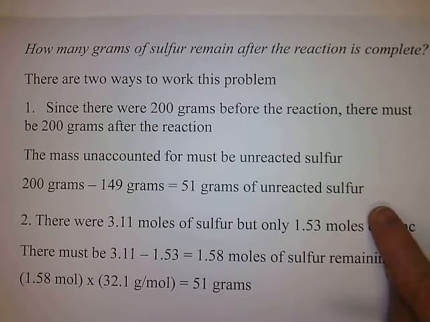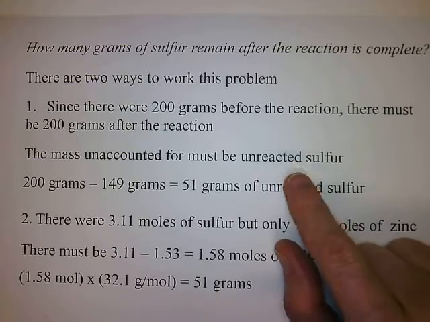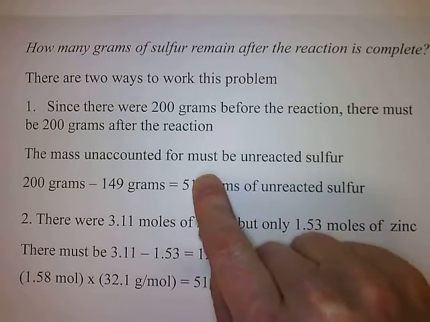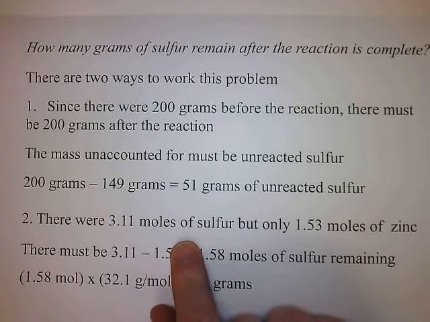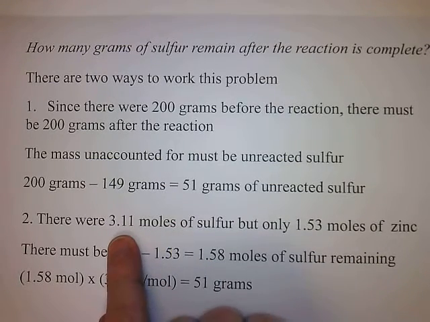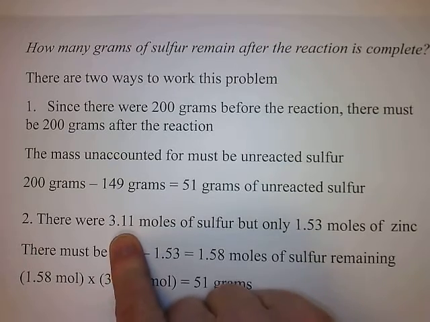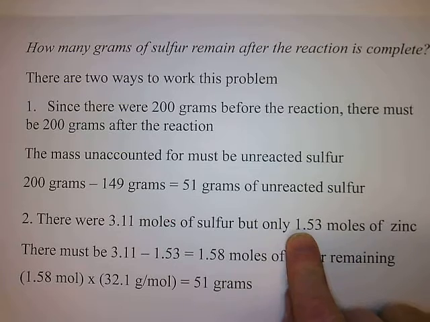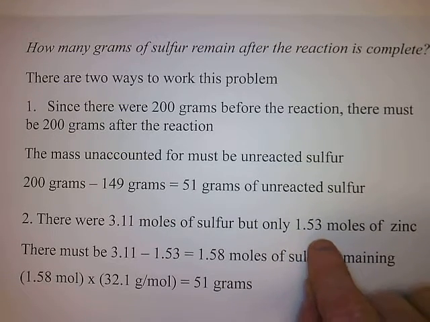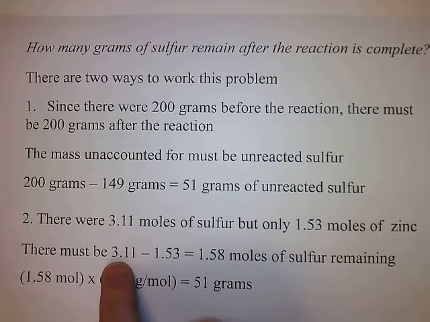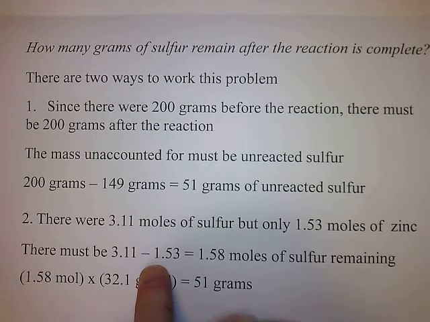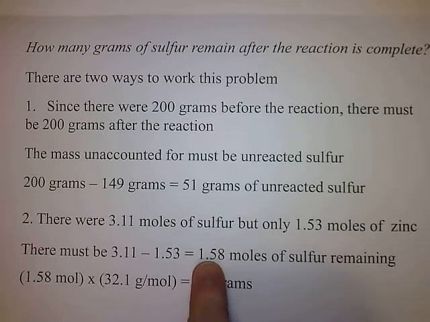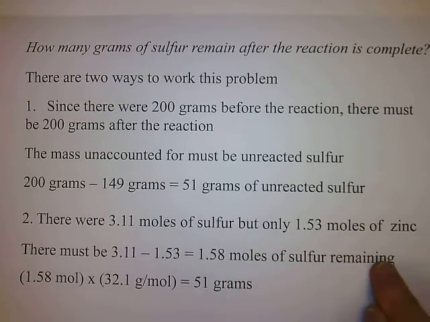The other way we could get at this information, this way is probably a little harder. Here we're doing it from grams. We could also do it from moles. Okay, so if there were 3.11 moles of sulfur, but only 1.53 moles of zinc, how many moles of sulfur will be left over? 3.11 minus 1.53 tells us that there's 1.58 moles of sulfur remaining.